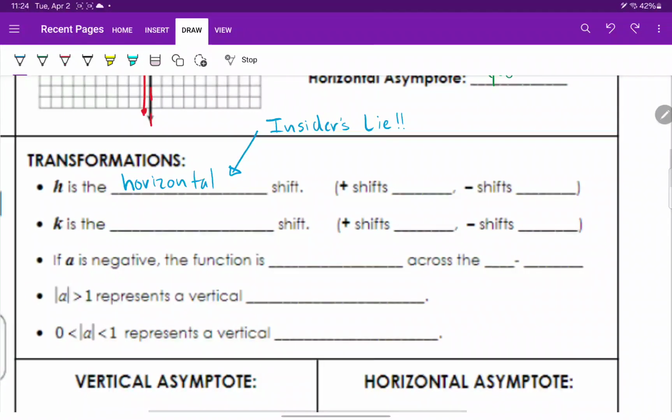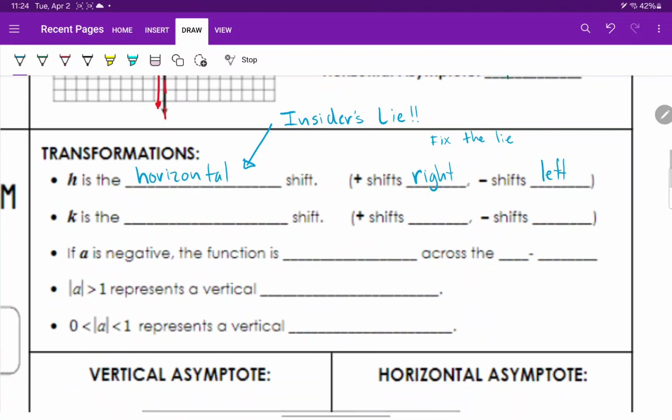So after you fix the lie, then it's true. Once you fix the lie, if the number is positive, it goes to the right. If the number is negative, it goes to the left.